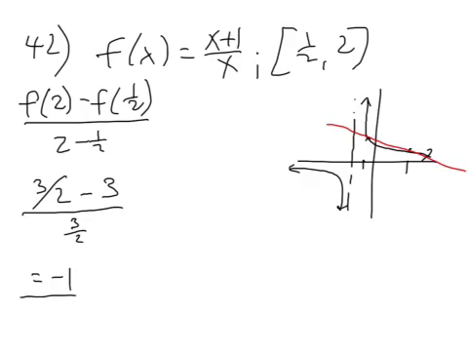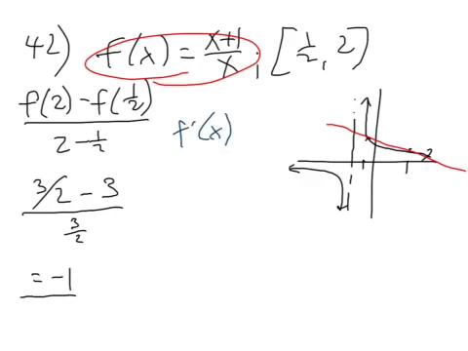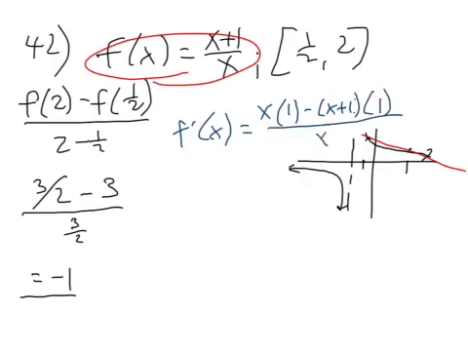So the question then becomes, where is the slope of this negative 1? So let's figure it out. Let's take the derivative. It becomes denominator times derivative of the numerator, minus numerator times derivative of the denominator, all over denominator squared.